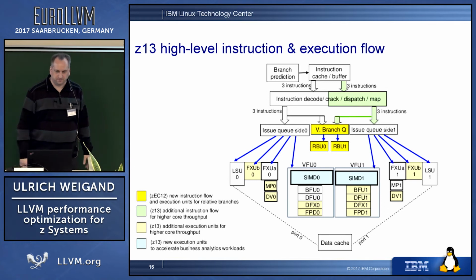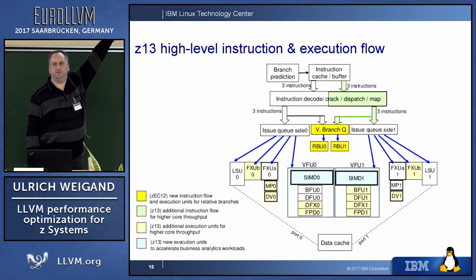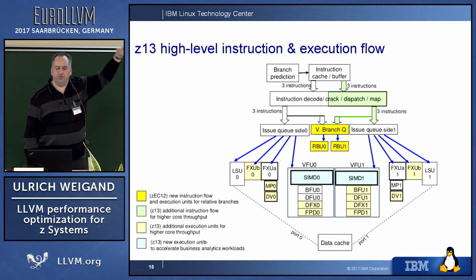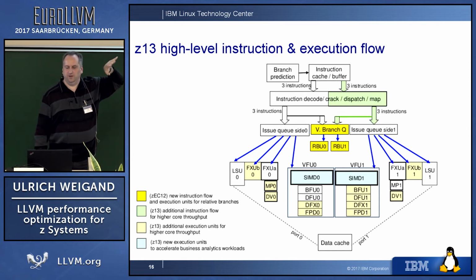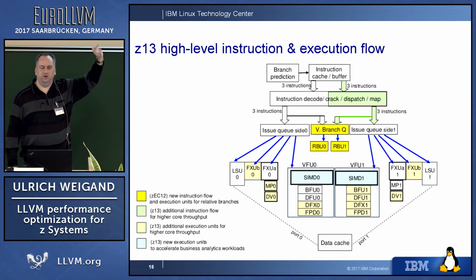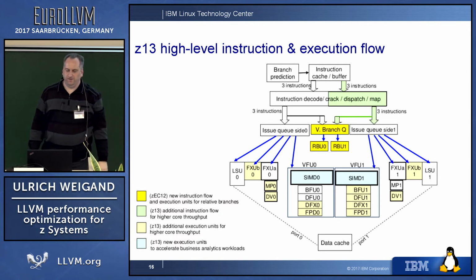So you have your instruction buffers from which instructions are decoded and cracked, and then they're dispatched into issue queues, and from there they're issued out of order into the various execution units that we have, which do things like load, store, fixed point, so integer operations, and the big vector and floating point unit.